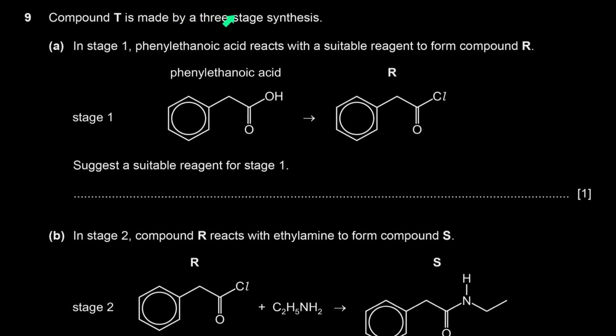Compound T is made by a three-stage synthesis. In stage 1, phenylethanoic acid reacts with a suitable reagent to form compound R. So phenylethanoic acid, right? This carboxylic acid is being converted into an acyl chloride. Suggest a suitable reagent for stage 1. Well, the reagent that we can use is PCl5, right?